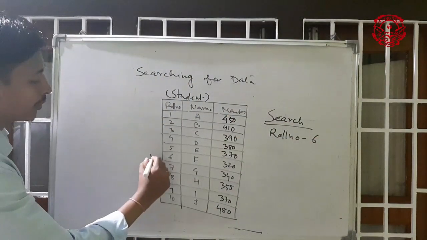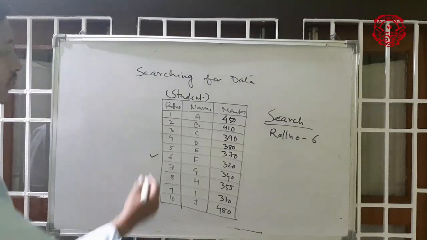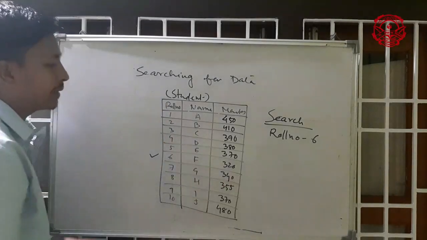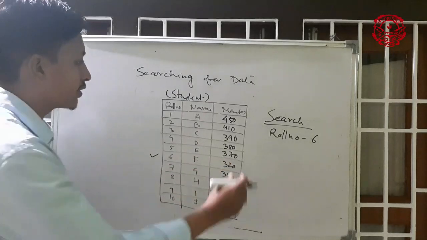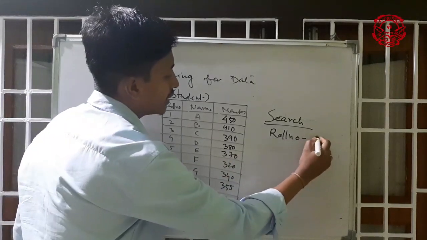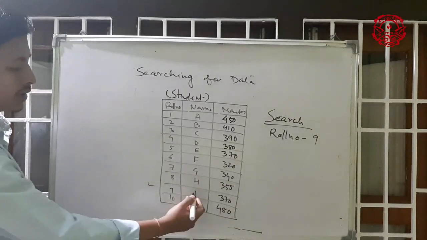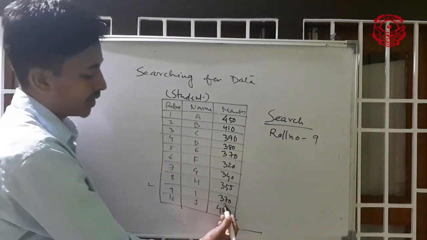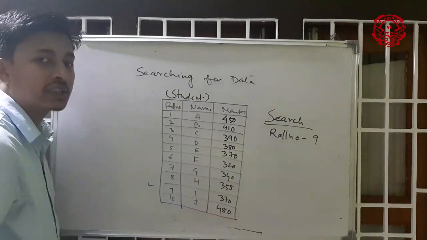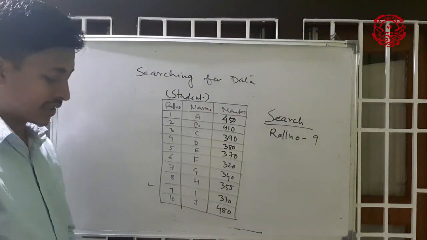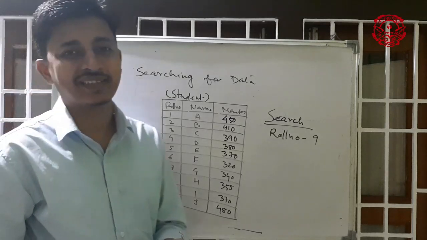So roll number 6: his name is F and the marks are 320. I want to search the roll number, say 9. Who is 9? The roll number 9: his name is I and the marks are 370. So in this way we can search. Okay, so searching is very important in MS Access.